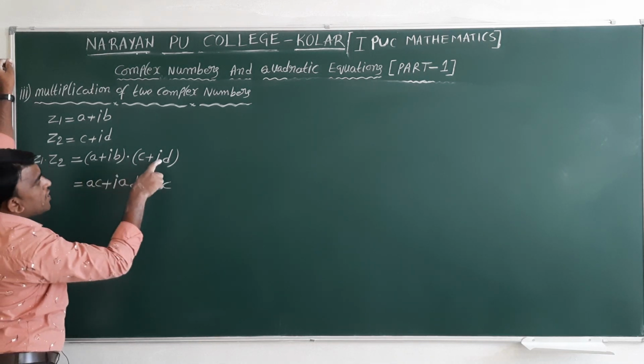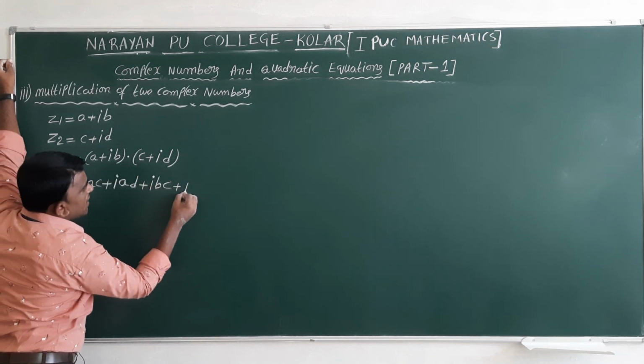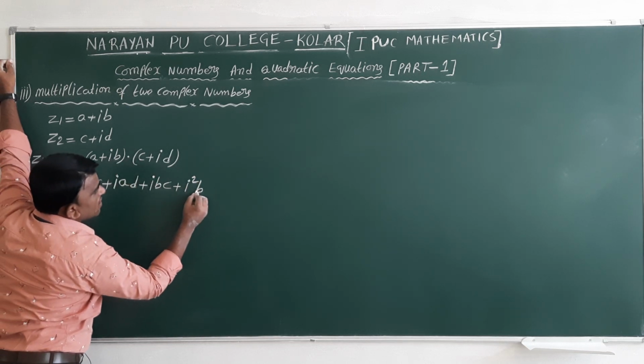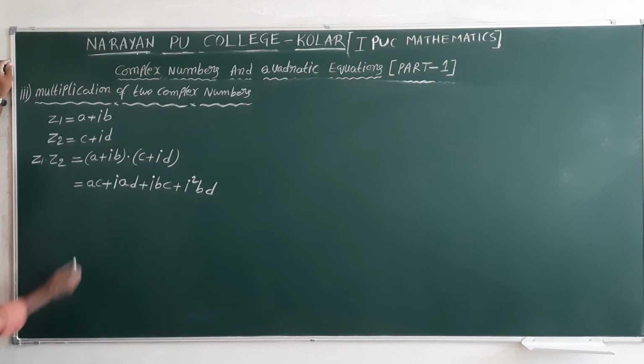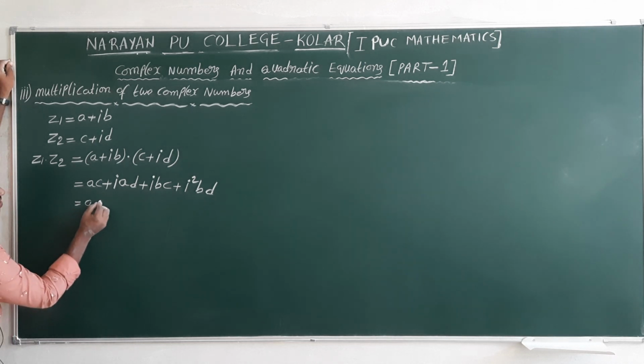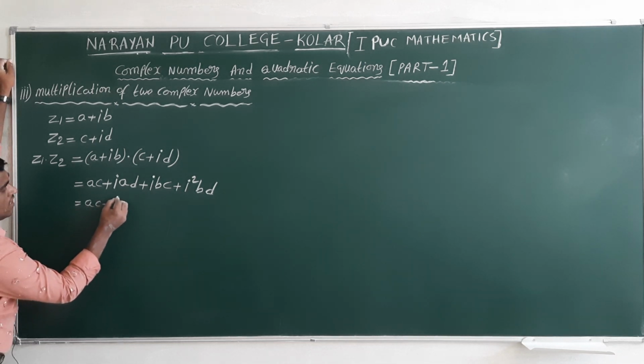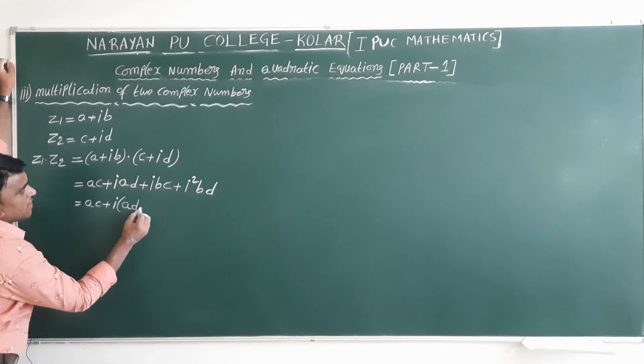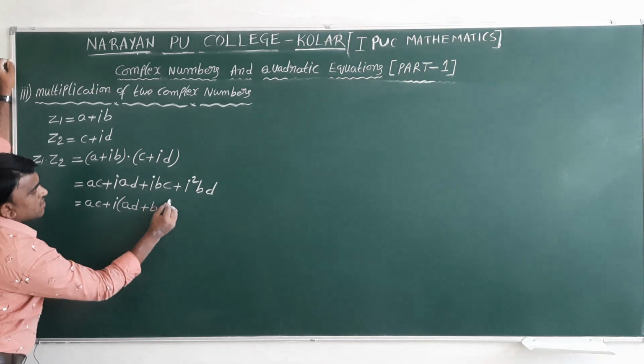Next IB into ID, I square BD. So AC plus, in these two terms we can take I common, AD plus BC.